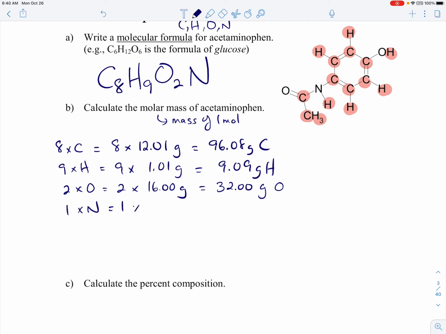So that gives me 1 times 14.01 grams, the molar mass of nitrogen from a periodic table. That's 14.01 grams of nitrogen in every mole of acetaminophen. Add these numbers up and you'll get the molar mass of acetaminophen, 151.18 grams. This is the molar mass, the mass of 1 mole of acetaminophen.